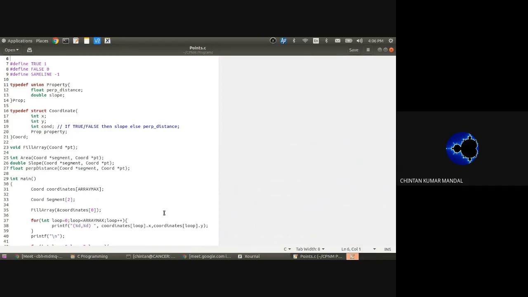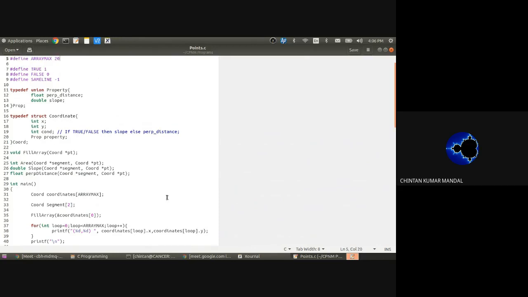And if it is on the same line, then I'll calculate the distance, not the perpendicular distance, but the distance from the closest point of the line segment.